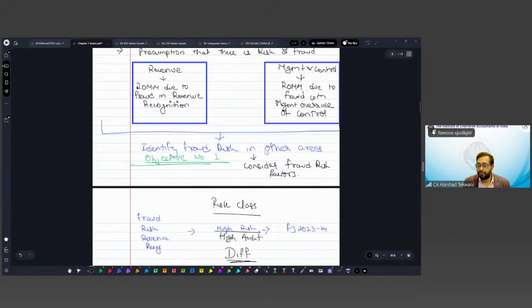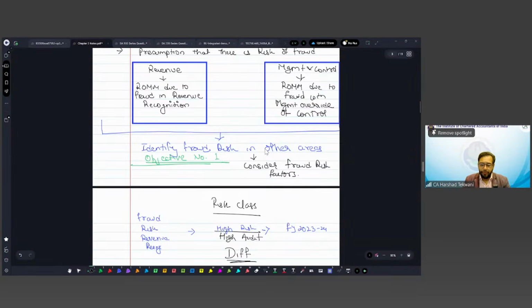But beyond these three things, there are other theories of fraud which the auditor may consider, or if he wants, he can look into those. Apart from incentive, opportunity and rationalization, there is one more theory, which is known as the fraud diamond.